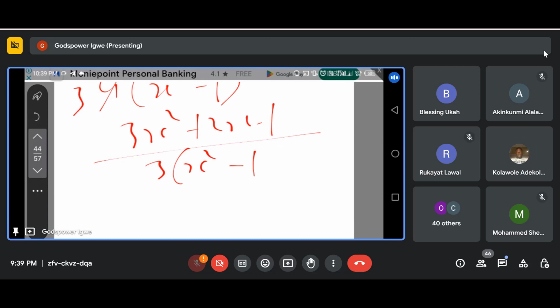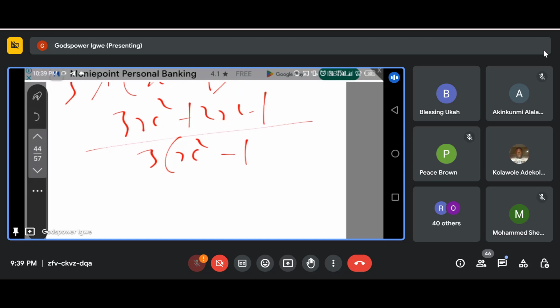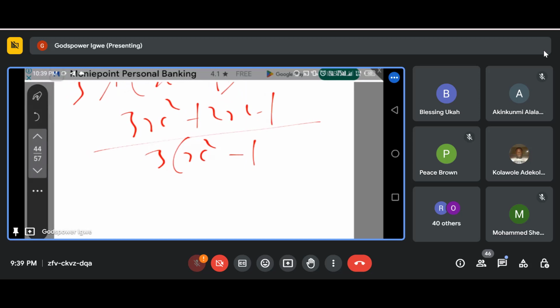Those two numbers, okay, first, 3 times 1 is going to give you 3. Two numbers that if you multiply them, they will give you 3, and if you add them, they will give you 2. What are those two numbers? It will be 3 and 1, right? So that will be positive 3 and minus 1.